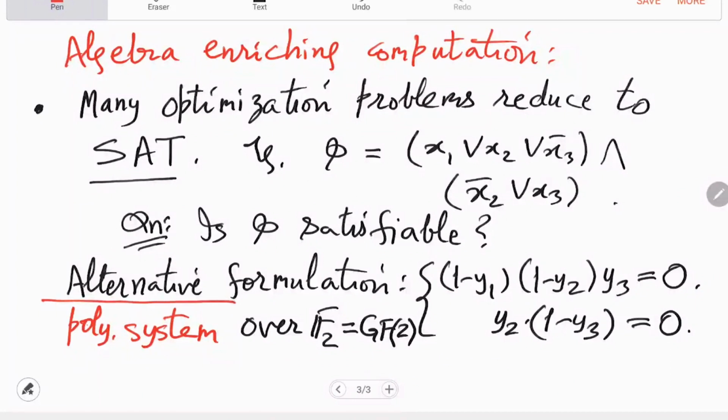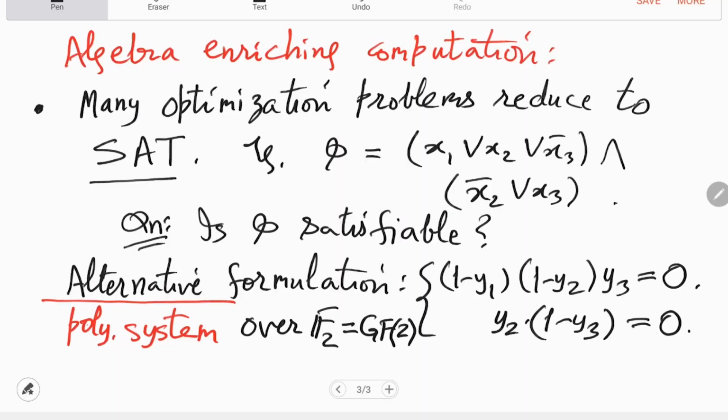So do you really need the field F2, or can you do this translation in other fields? Can you do this over the field of reals or over the field of complex? You can actually, because the first equation forces one of these to be 0 or 1.